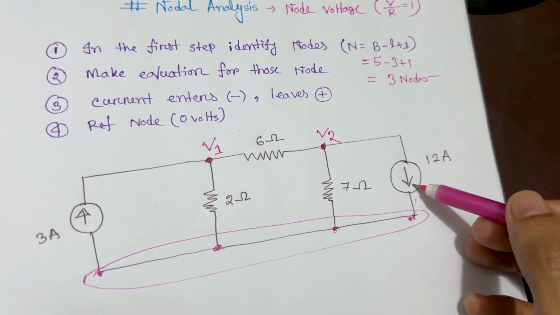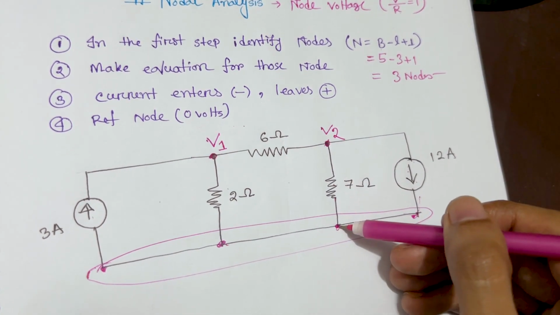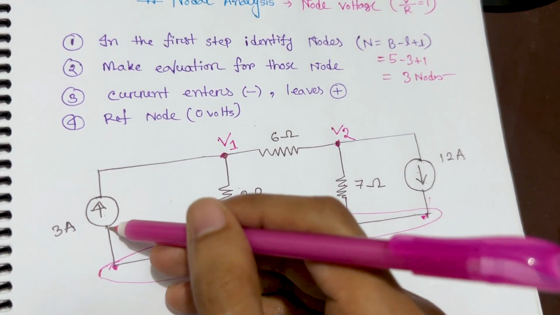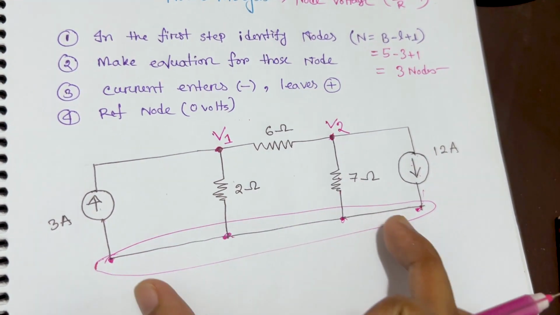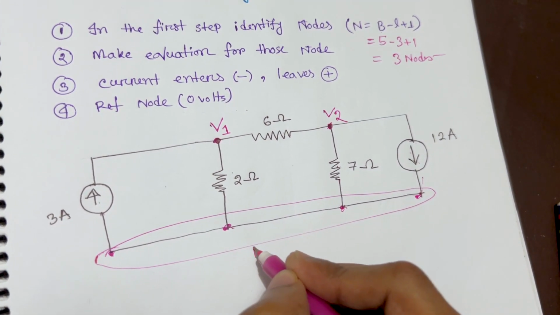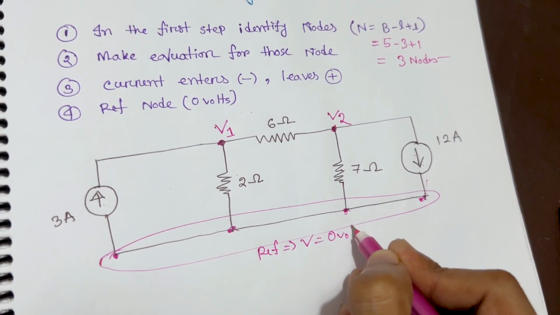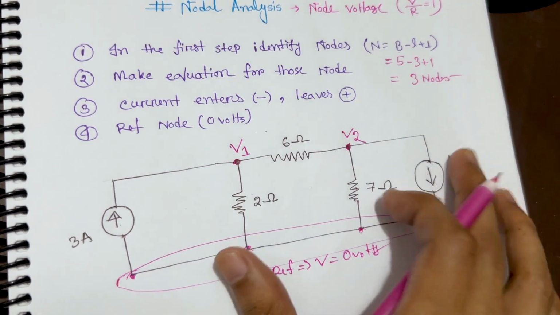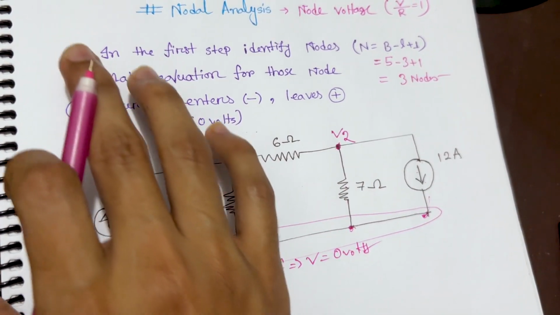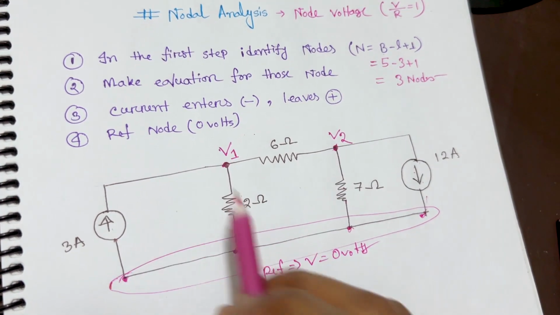Of all of them, this current source has one point there, this resistor has one point there, this resistor has one point there, and this current source has a point there. All of them meet in this bottom line. So this is the reference voltage, and it should be V equals 0 volts. This is the most important thing to identify. First we need to identify how many nodes we have, including the reference node, and it should be 0 volts.